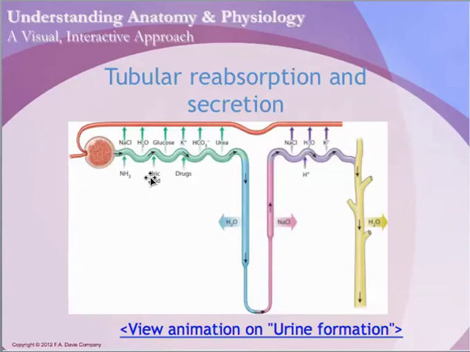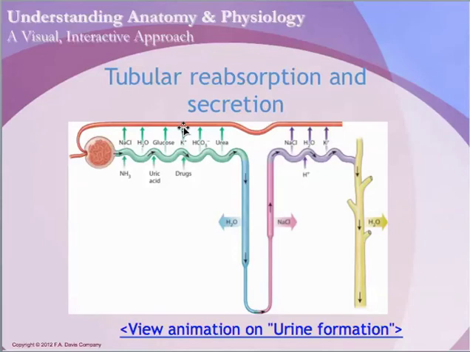Then we have things like glucose, amino acids, other electrolytes, chloride, potassium, and bicarbonate. They all pass out of the tubules and into the blood. All of those electrolytes are going to move via active transport. Water is going to move via passive transport, or osmosis. Okay, does not require energy. Simultaneously, that's called tubular reabsorption. We're reabsorbing these things back into the bloodstream.